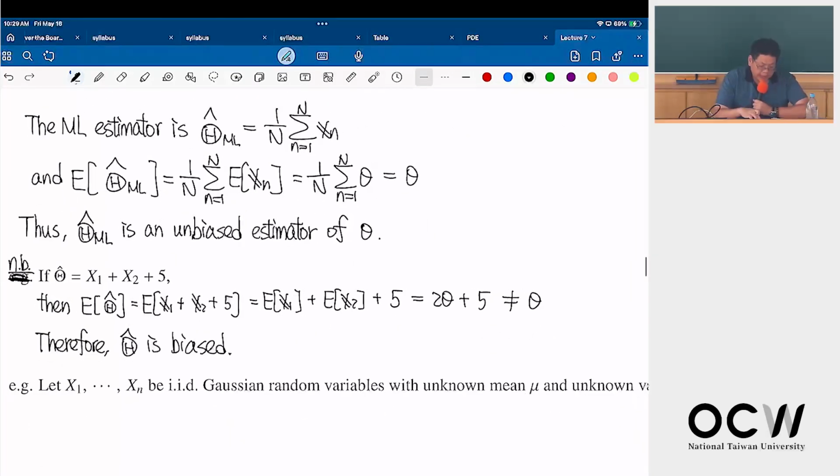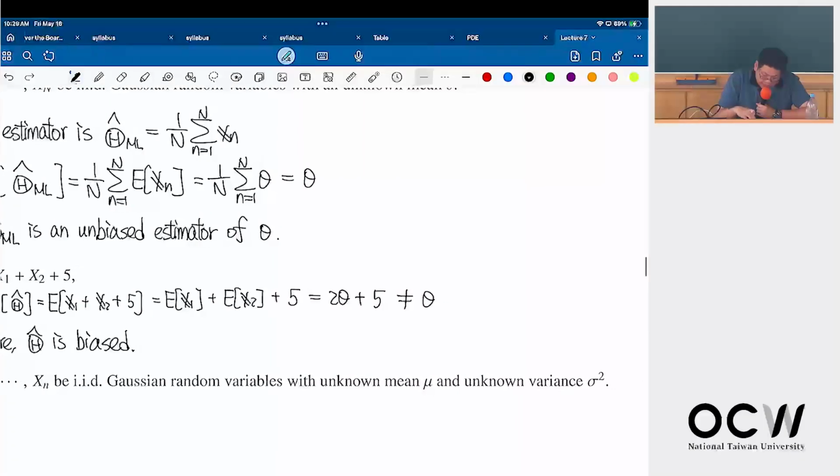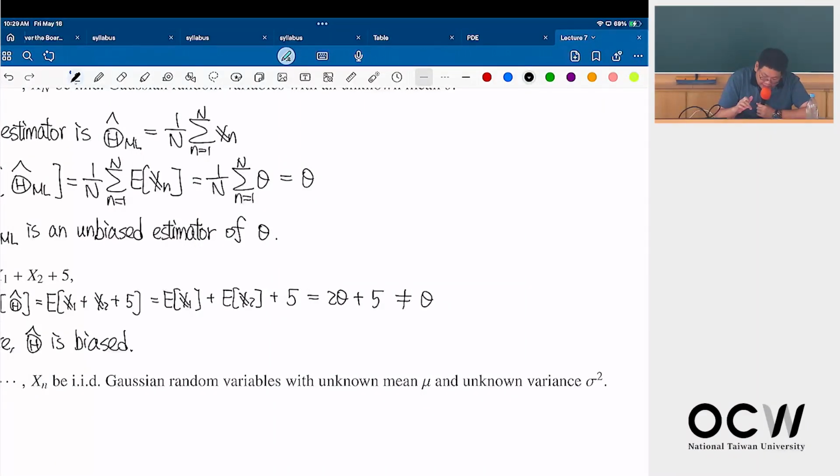Next example, I have x1 to xn IID Gaussian random variables, and we don't know the mean, and also we don't know the variance.